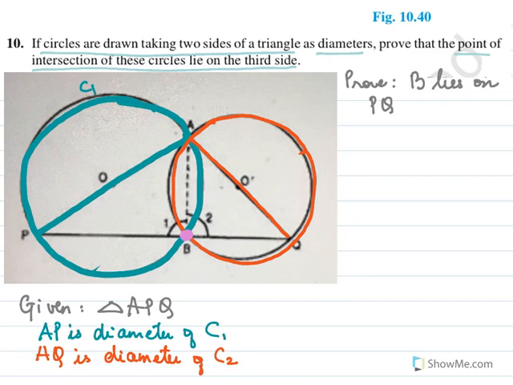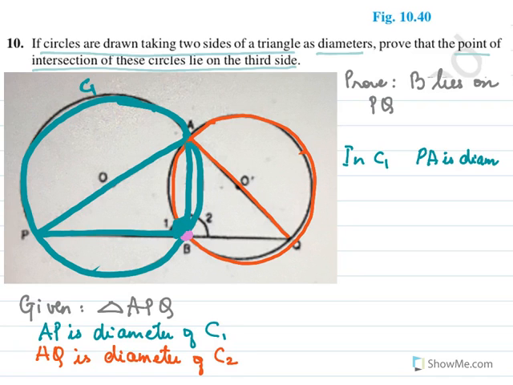So first let's take up the first circle. We'll take up C1. In C1, PA is diameter. If PA is diameter, I can say this angle is 90.